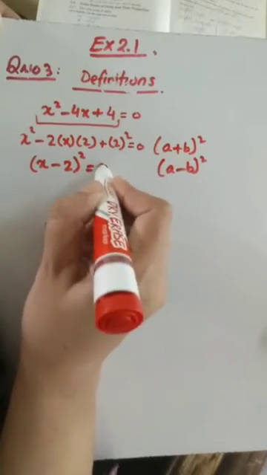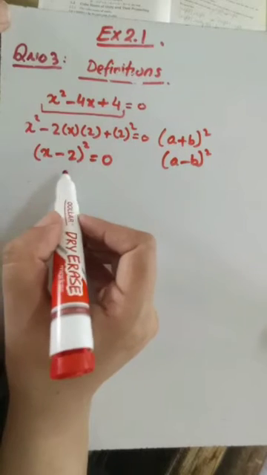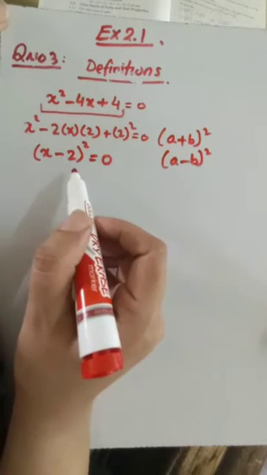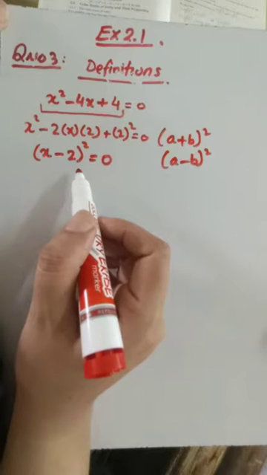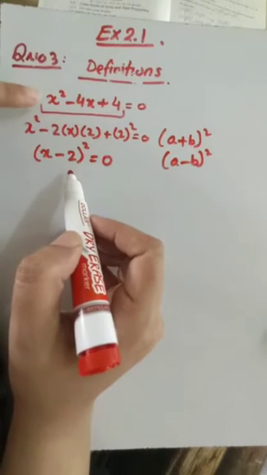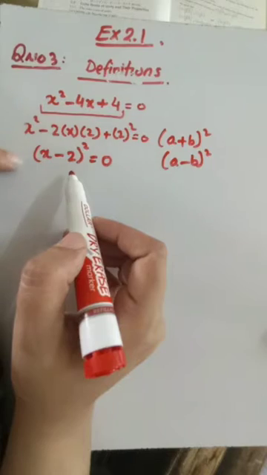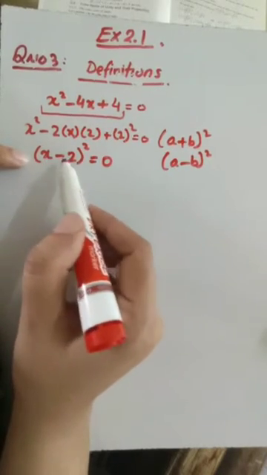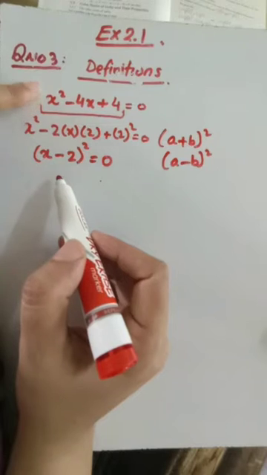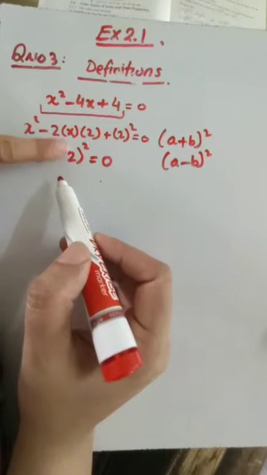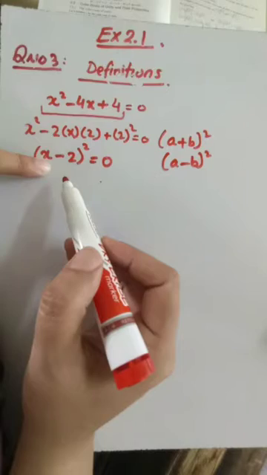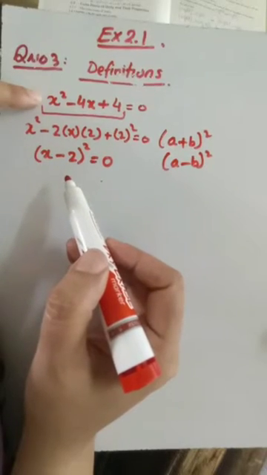We have done this during completing the square also, and all those expressions that you completed to write in this form were perfect squares. Now, as this expression is written in the form (a minus b) whole square, it is called a perfect square. Perfect square means it is the square of some expression. In this case it is the square of x minus 2, so this is a perfect square.